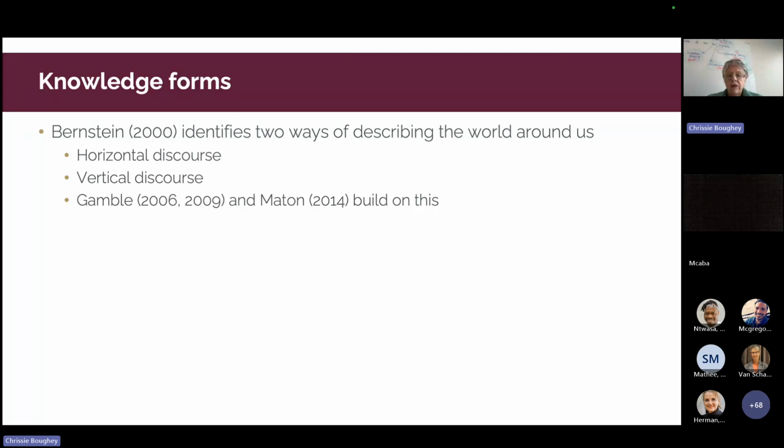And we've also got the work of Jean Gamble here in South Africa, and Carl Maton, who's now in Australia, but who was Bernstein's student. We've also got their work, which contributes to our understanding of different forms of knowledge. Gamble's very much interested in vocational knowledge.